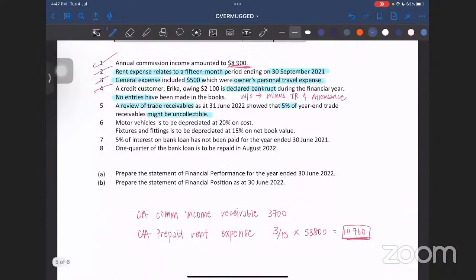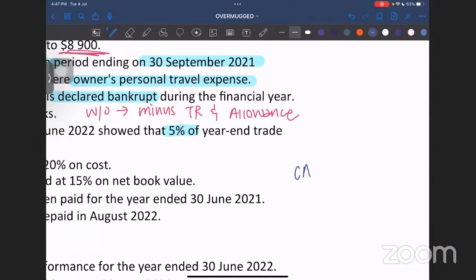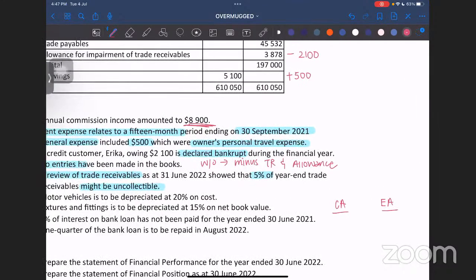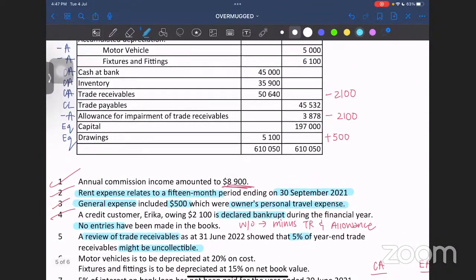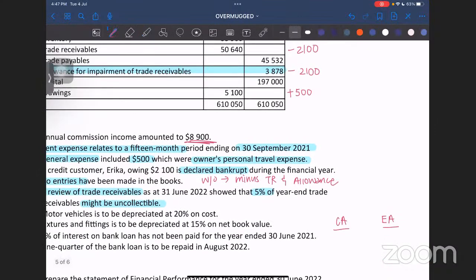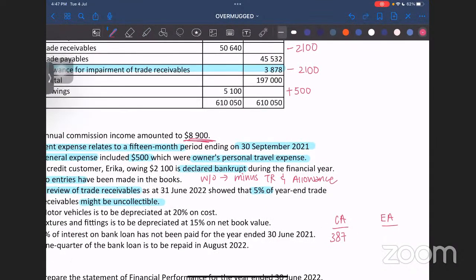Adjusting our allowance is the one where we will draw arrows. I'm not sure you all still remember or not. I will draw the arrow. So I will have a current allowance and the ending allowance, right? For my current allowance, I will start off with my beginning allowance, which I will find from here. In the beginning, I have an allowance of 3,878.